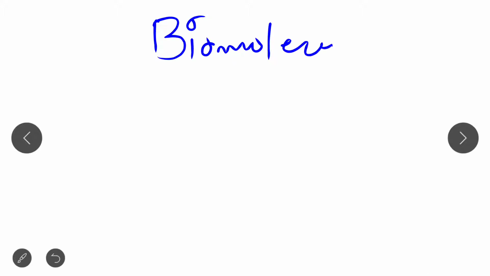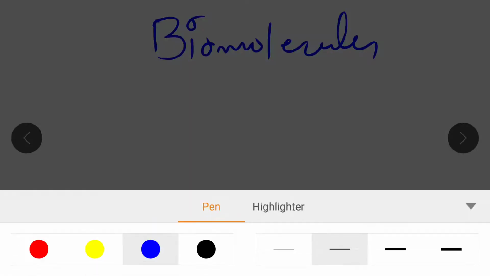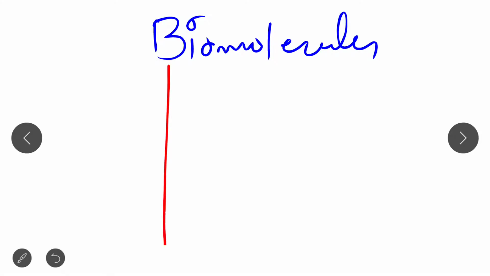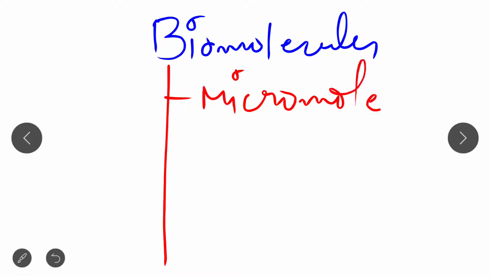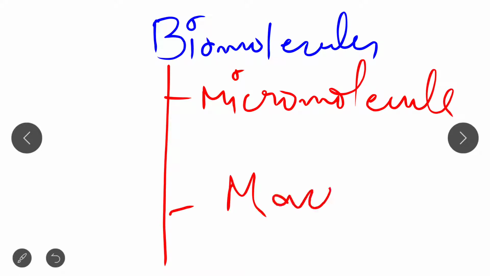Another important point about biomolecules is that, if we classify them, they are of two types: one is micromolecules, and another is macromolecules.